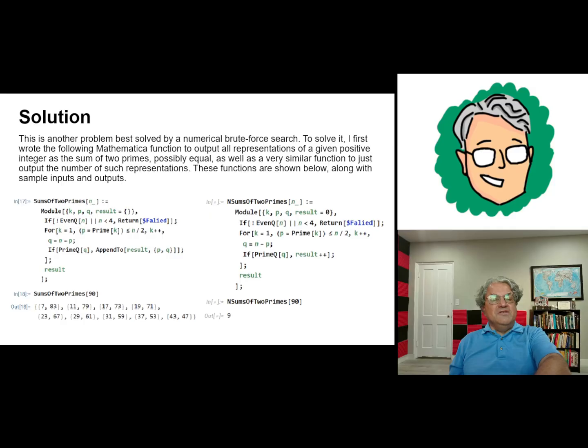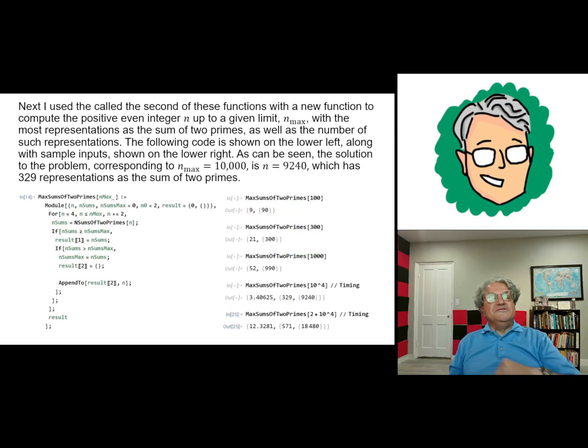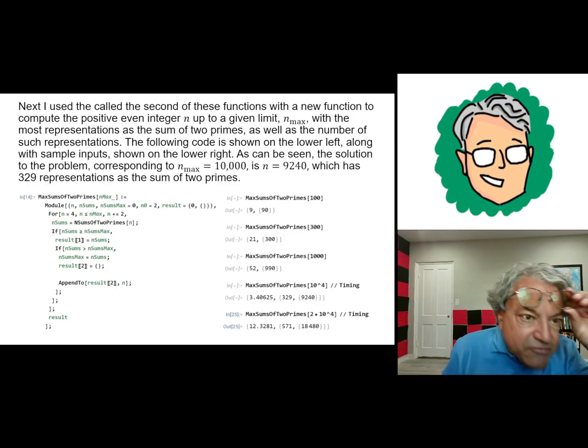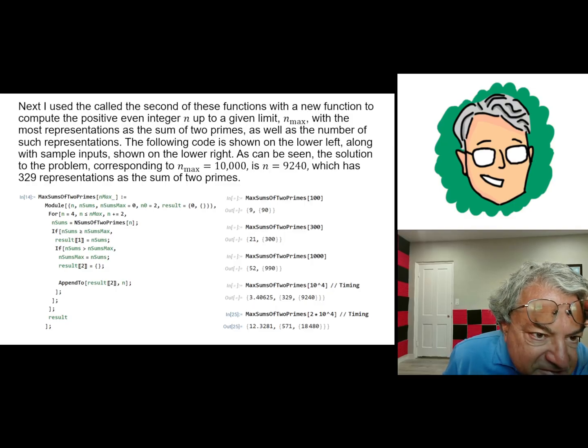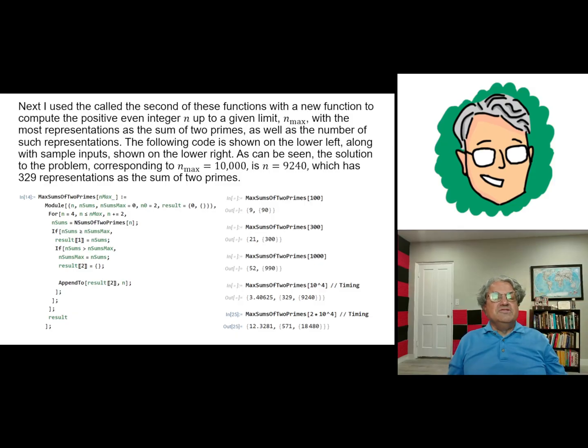And then we're not done with the problem yet. We have to search through all numbers up to a given limit. That's what this function on the left does here. I call it max sums of two primes.